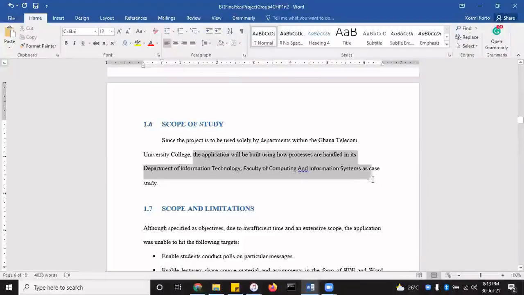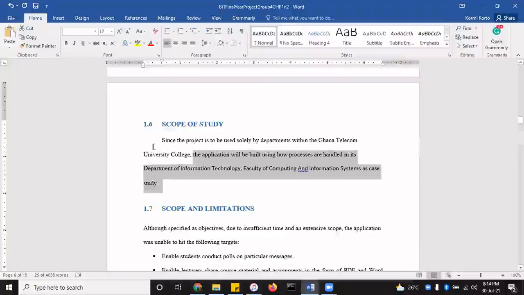But my guess is they're trying to say that the scope of study, since it's solely for GTUC department usage, is that the application will be built to address processes that are handled within the departments of the Faculty of Computer Information Studies. Yes, so that's what he's trying to say.